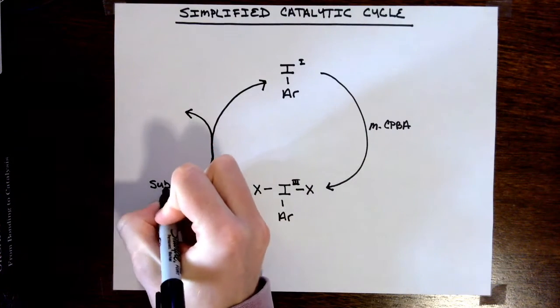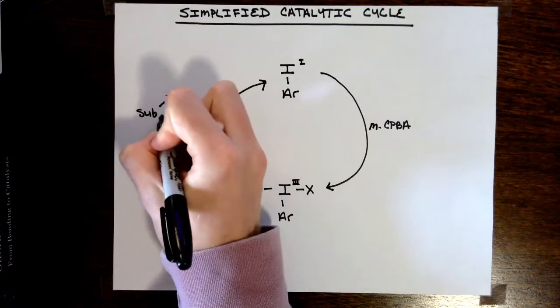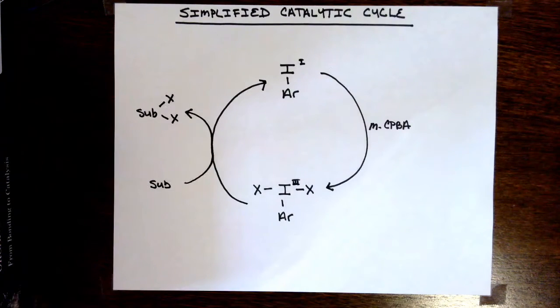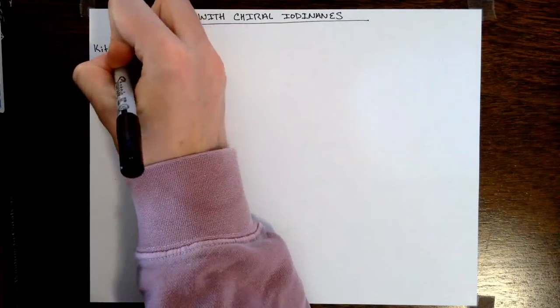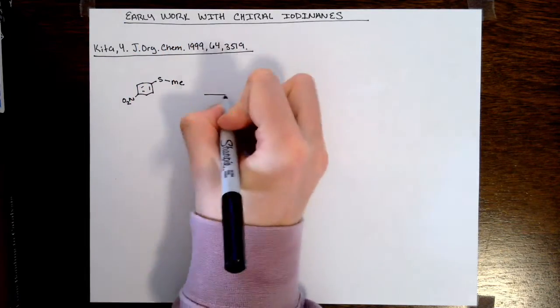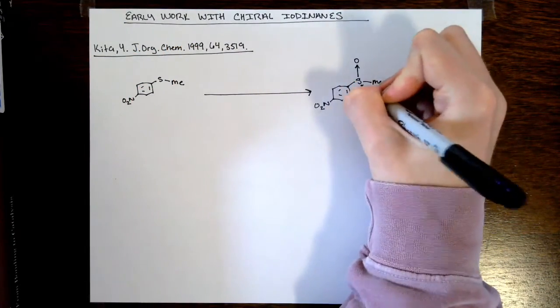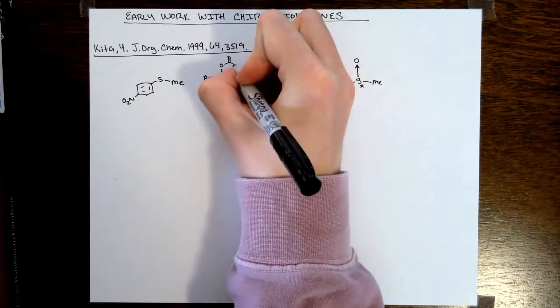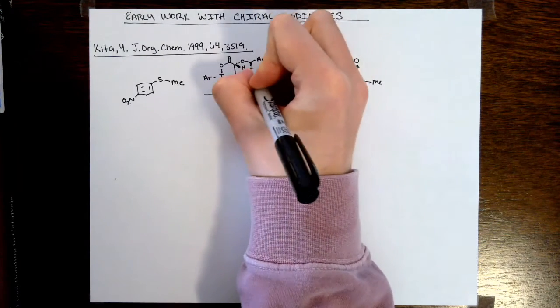Before catalysis, the interest in using chiral iodines to enact some sort of enantioselective transformation started basically with the group transfer of oxygen to sulfur. So trying to make a chiral sulfoxide from an aryl sulfide. This work was pioneered by Kita in the late 80s to early 90s.